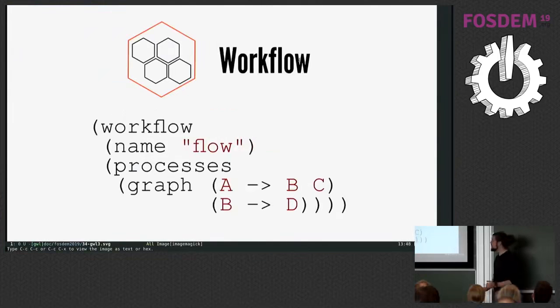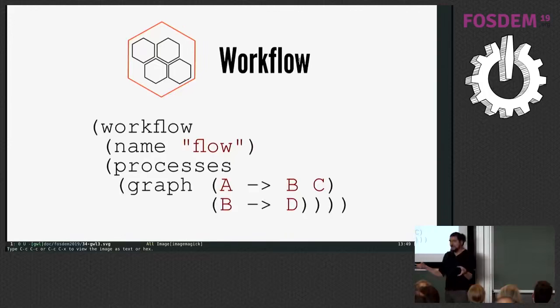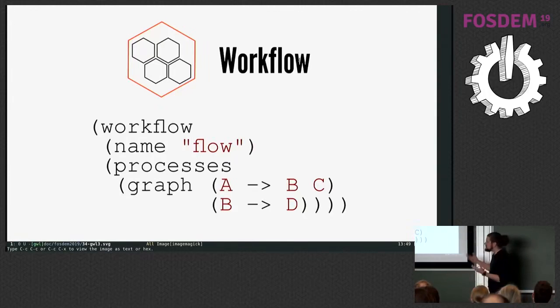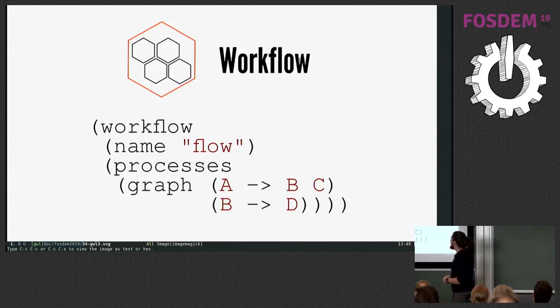Workflows. As I said, workflows are just the means of combining processes. This workflow has a name, flow. This is a common workflow name. And it consists of processes that are connected in a graph, right?